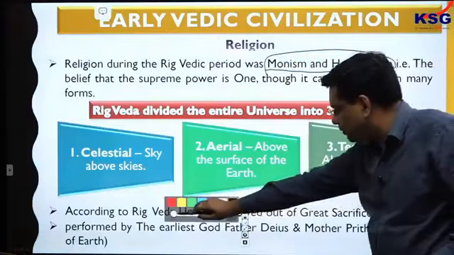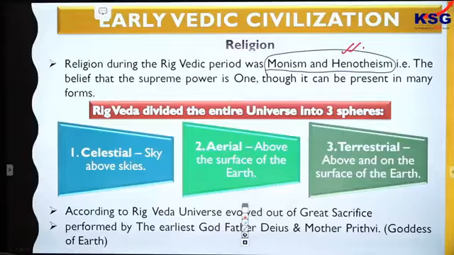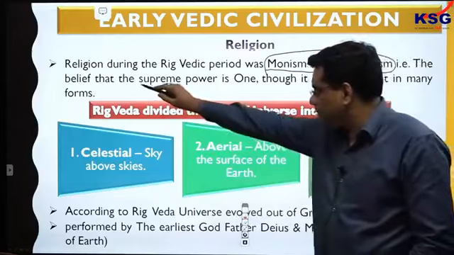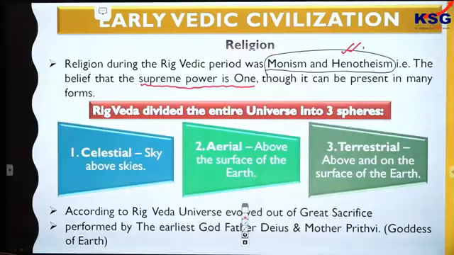Monism or henotheism is the belief that the supreme power is one, though it can be present in many forms.